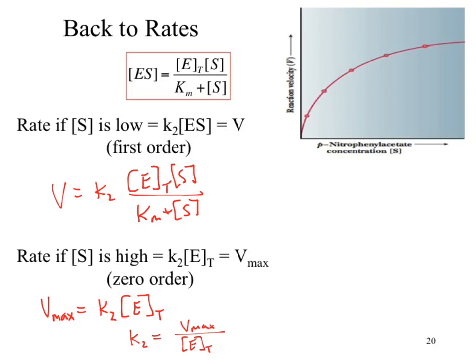What can I then do with that? I can take that, sub into the original equation, and what I end up with is Vmax times the concentration of my substrate over Km plus the concentration of substrate.